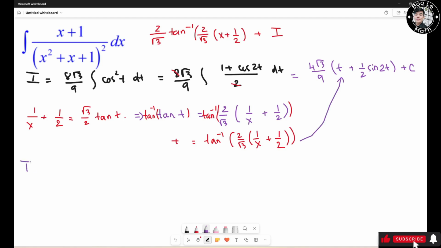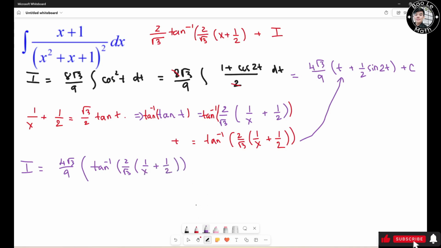So we have I equals 4 root 3 over 9 times tangent inverse of 2 over root 3 times 1 over s plus 1/2.